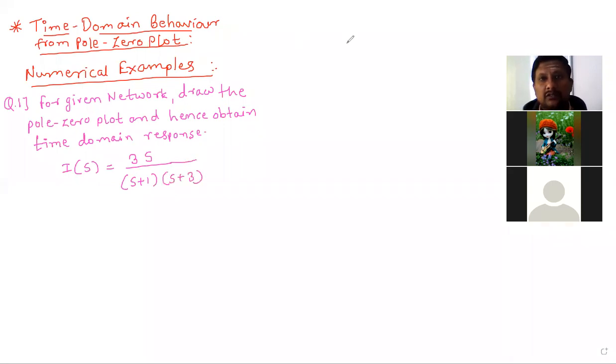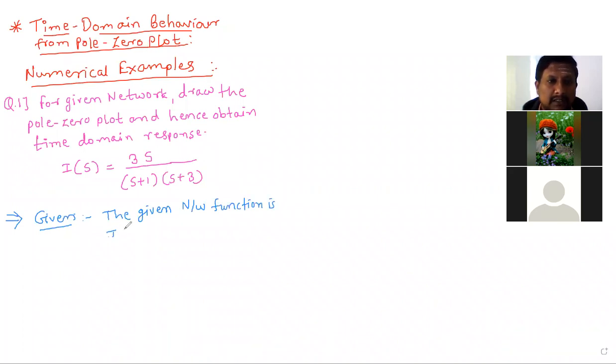Okay, so we plotted the pole zero in the previous lecture. Once again we can plot it. The given network function is I of s is equal to 3s divided by s plus 1 into s plus 3.